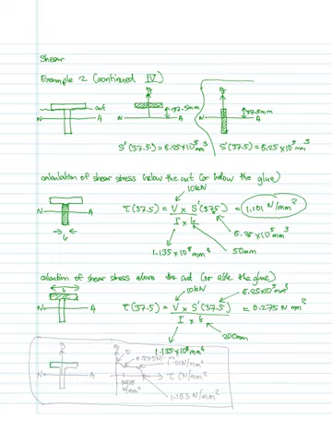Before we finish, let's just draw out the beam again. So we have our beam there. We have our neutral axis here, passing through the centroid of the composite section that we've calculated, and we call that the y-axis. Then if I'm drawing a plot of the shear stress, as before, the shear stress would be 0 there.